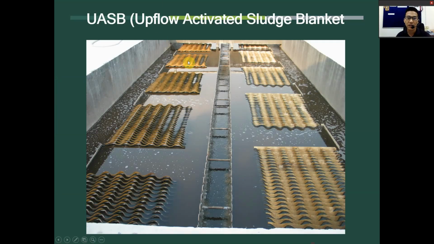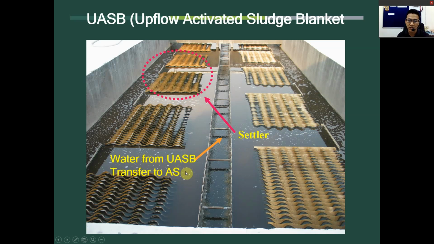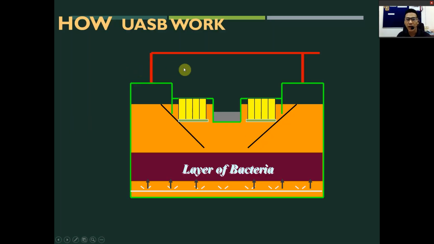One of the important technologies they use is the UASB, which is the upflow anaerobic sludge blanket. This is how it looks, and I have some more photos to show you. Here is the settler, and water from the UASB transfers to the AS, which is another system that I'm going to show you very soon. How does the UASB work?